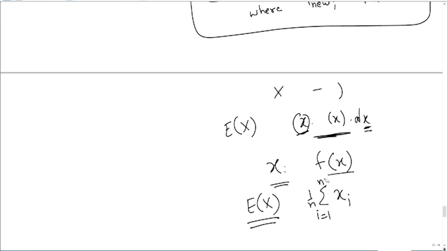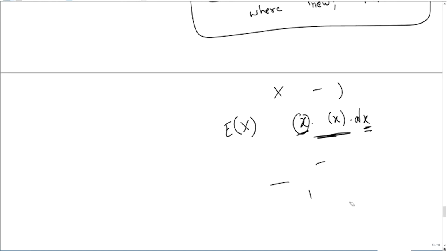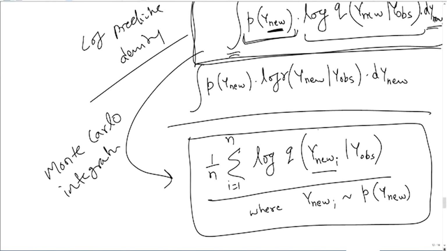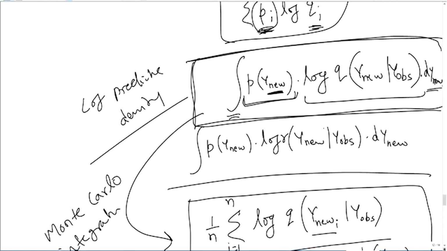Similarly, in our example, in our predictive accuracy metric, what we want to calculate is this integration. We are given the probability distribution of the new data, and then there is some function of this new data, and we are integrating it with respect to the new data.